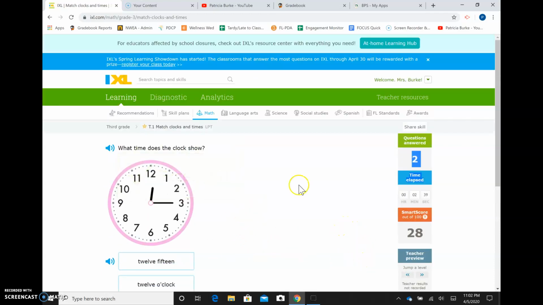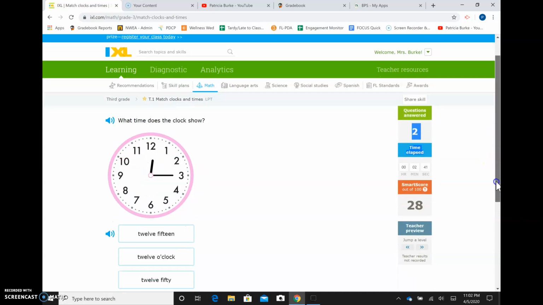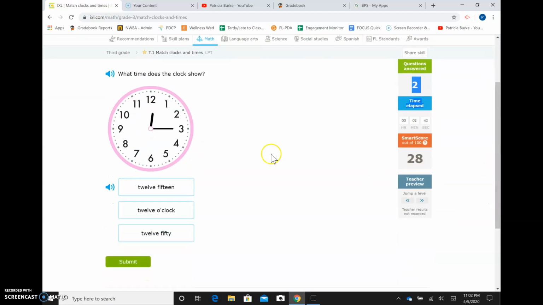Oh, look, there's another one. Let's try this one too before we move on to another level. All right, we have our short arm right here. That's a little after 12. So we know it's 12 something. All right. Let's look at our long minute hand. All right, it is at the 3.